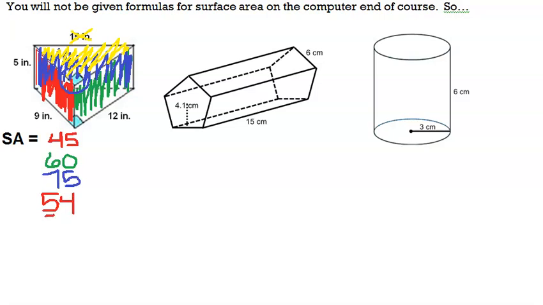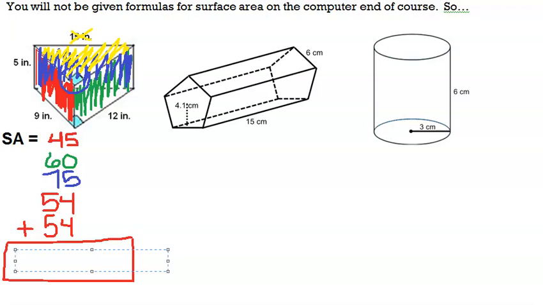The bottom is the same as the top, so I'm going to do another 54. And then from there, if you want to know the surface area of a polyhedron, you just add the 4 numbers up. Now, I know how to add, you know how to add, everybody knows how to add, so I think it's time that we just move on with our life and we call it 288 square inches. Okay, so you take every face and you add up every single area you can come up with.